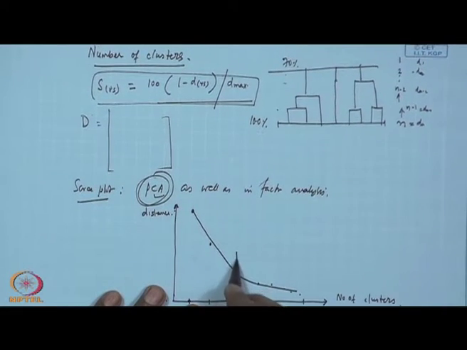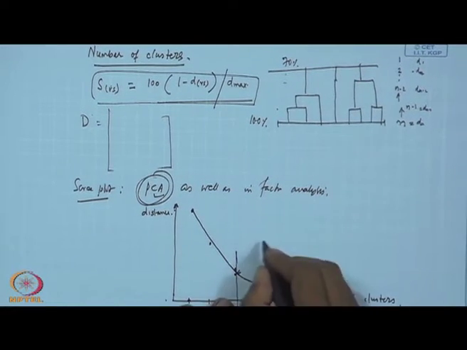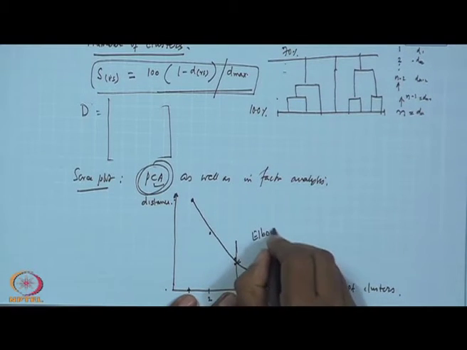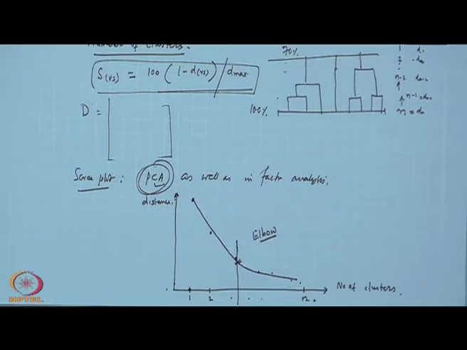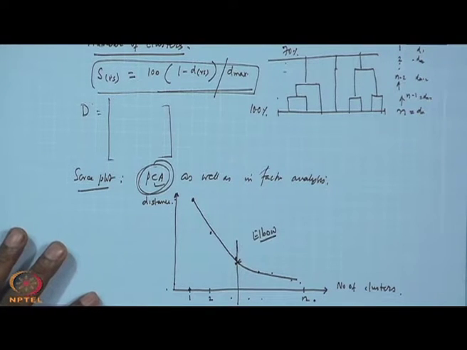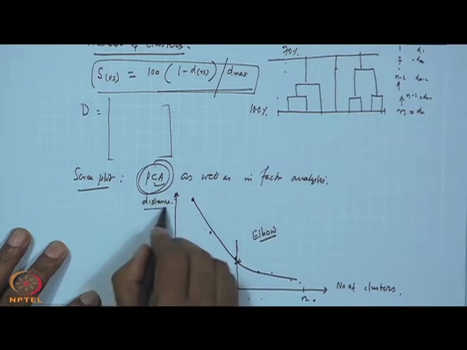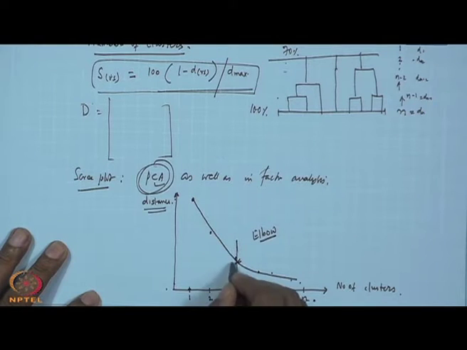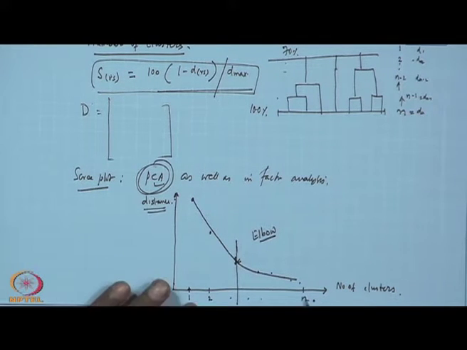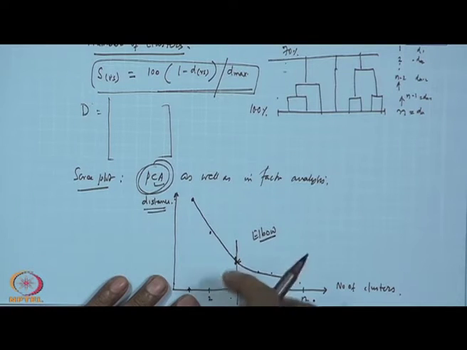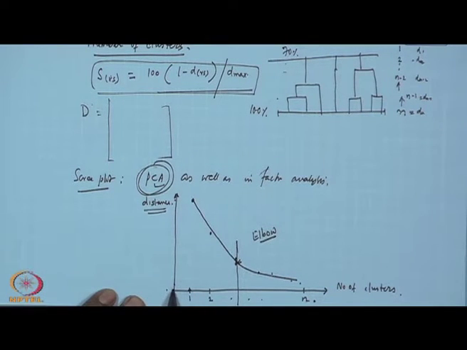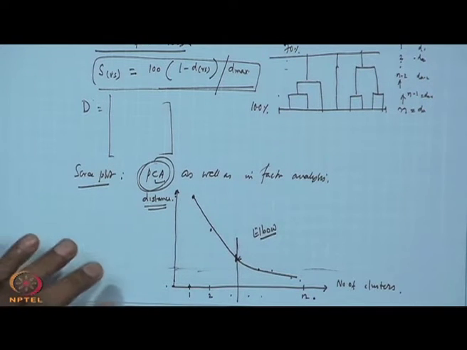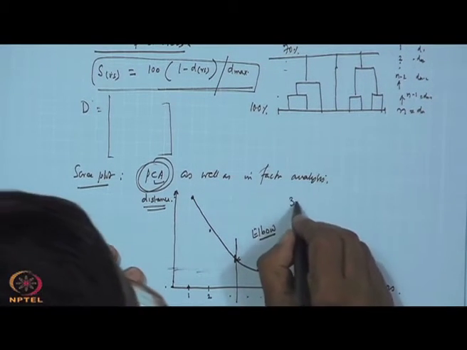So I can say here is the point which is the elbow. If I have an appropriate distance measure, then only you will be able to do this. The elbow says that as far as the distance is concerned, after this point the distance is almost parallel, not improving much. So I can say 3 clusters can be kept.